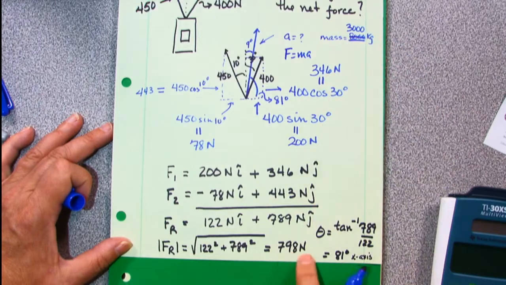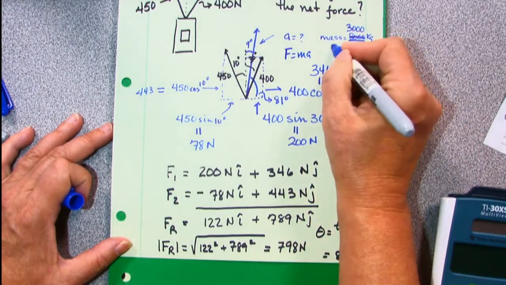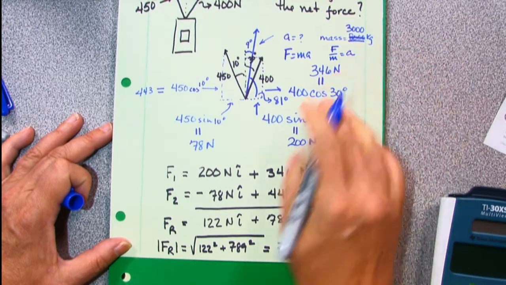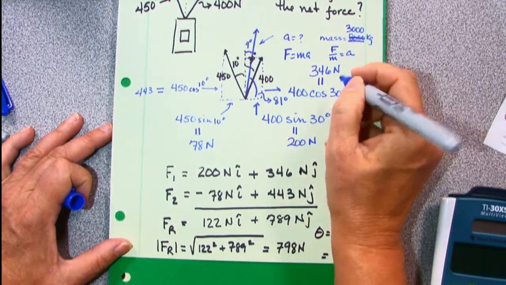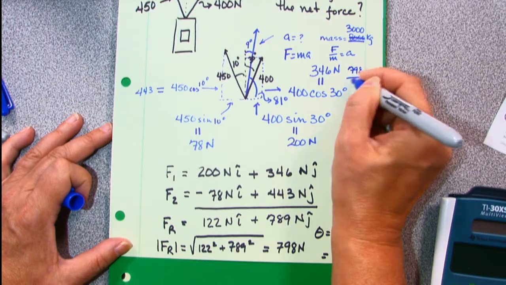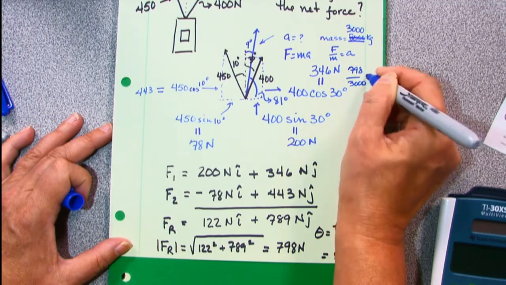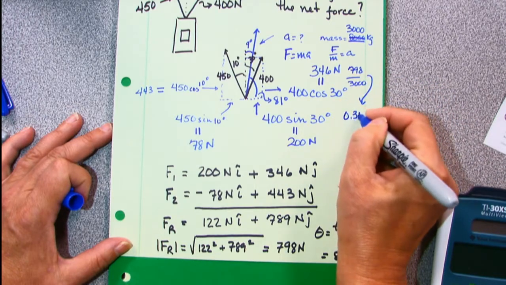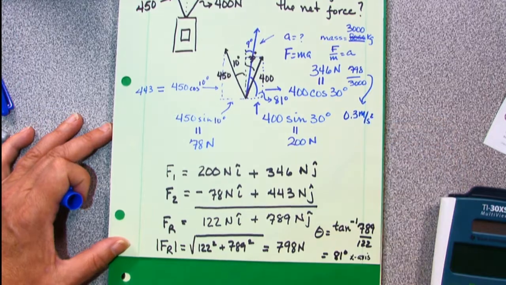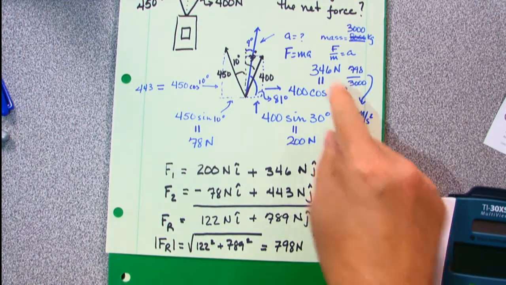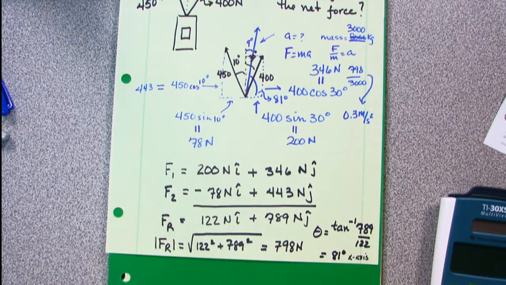We've got the force, so force divided by mass equals my acceleration. 798 divided by my 3,000 gives me 0.3 meters per second squared, and the acceleration is going to be in the same direction as my force.